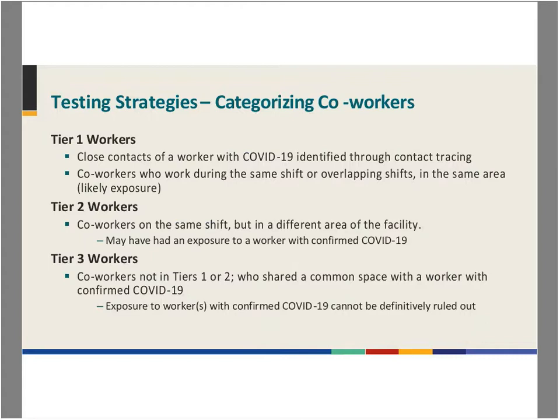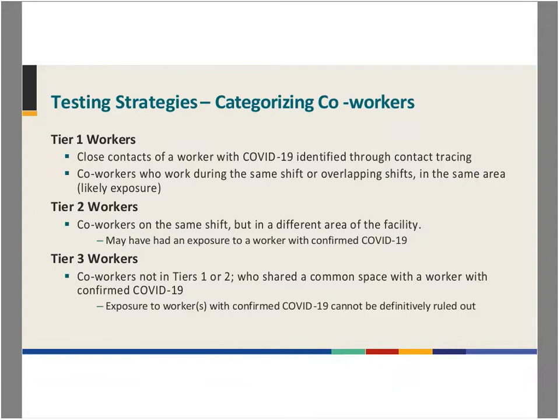So the first part of the figure is about this risk categorization, categorizing the coworkers, and trying to determine whether you want to apply the testing strategy to just the Tier 1 workers, or whether to include Tier 2 and Tier 3 workers. So the Tier 1 are those close contacts of the worker with COVID-19 who are identified by that case through contact tracing.